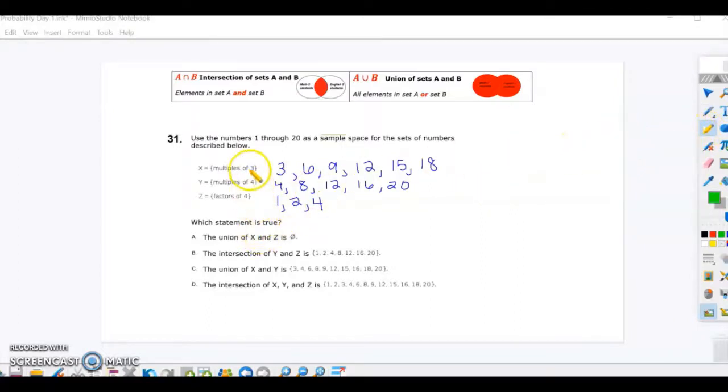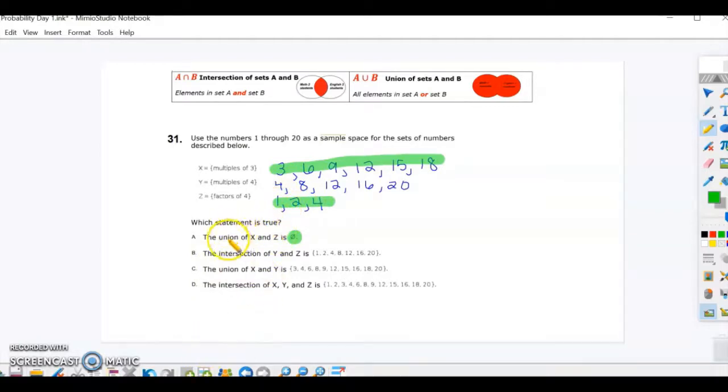Letter A, the union of X and Z is the empty set, meaning there is nothing in the union, and that's not true. Union means we would list out all of these numbers and all of these numbers, and they don't have any overlap, I notice.